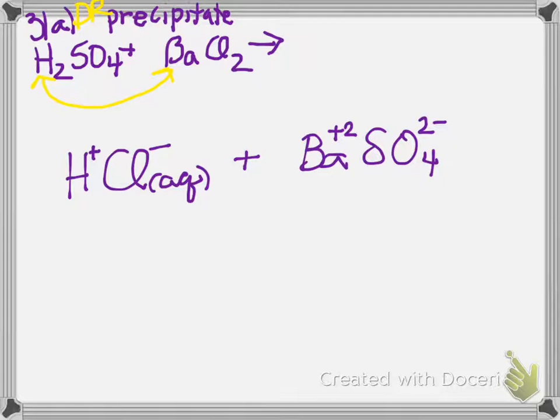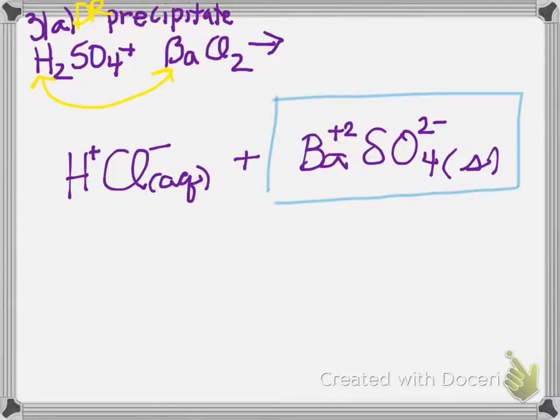Rule number 3, sulfate salts are soluble, but barium is listed as an exception. So our precipitate is the barium sulfate. Your options for this are you can write the formula like I have here, or you can give its name. If you're going to give its name, you have to make sure you name it correctly. So it would be barium sulfate.